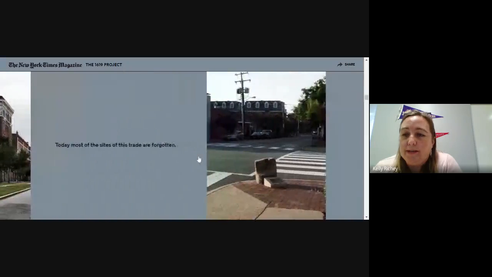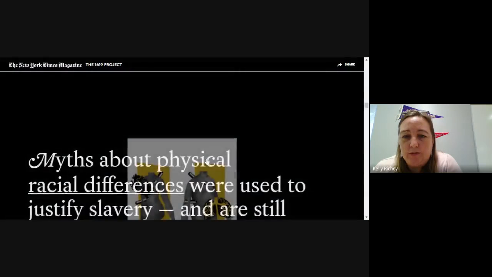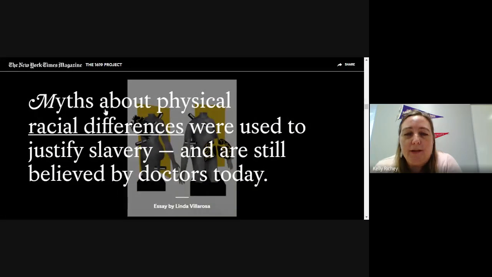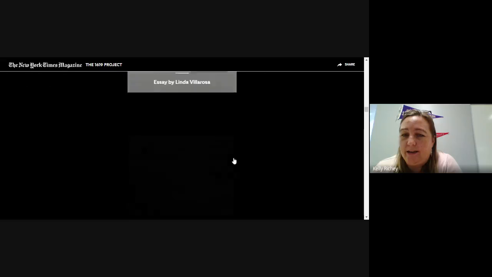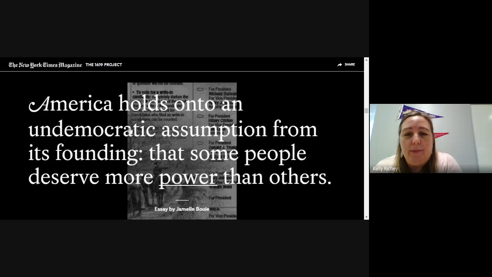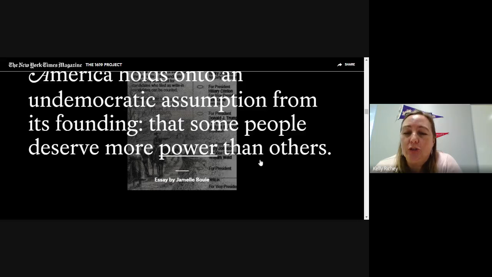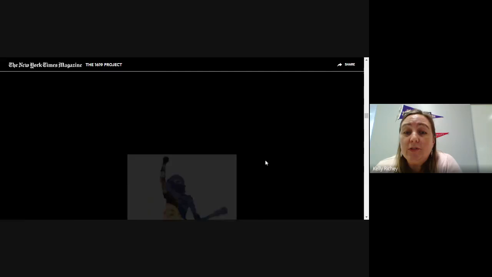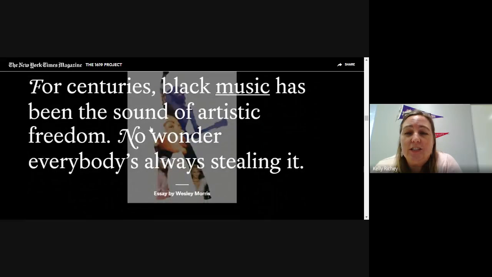We've got a photo essay, which is not one you can use, but you can look at it. Myths about the physical racial differences were used to justify slavery and are still believed by doctors today. You can read that one. America holds on to undemocratic assumptions from its founding that some people deserve more power than others. You can read that essay. For centuries, Black music has been the sound of artistic freedom.